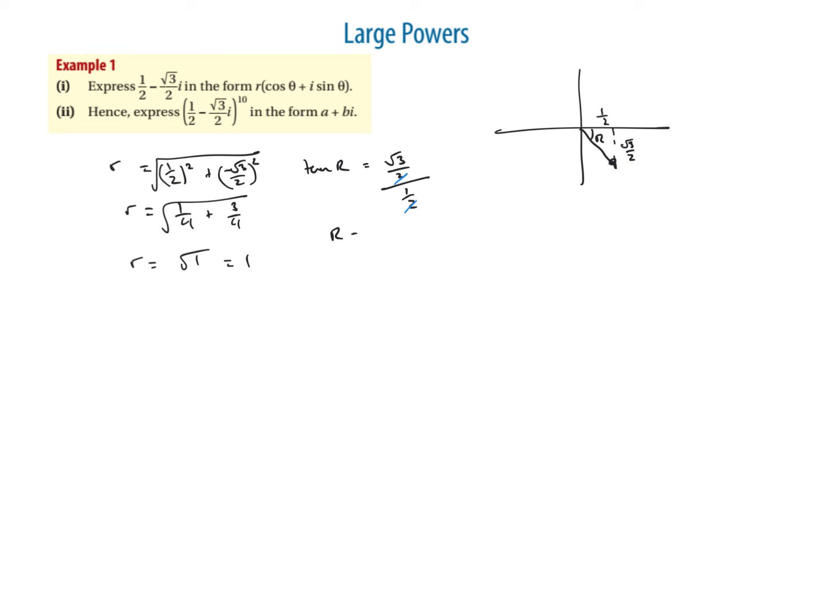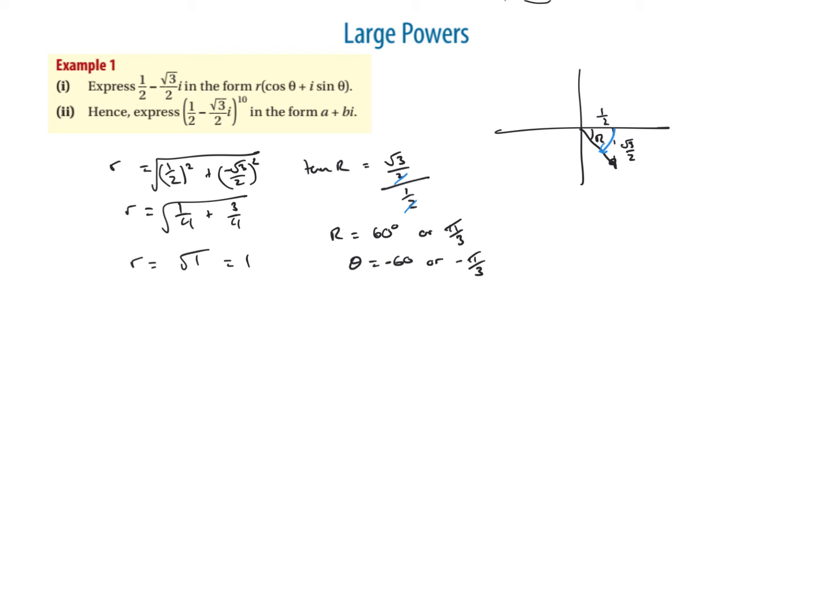That means my reference angle is going to be equal to 60 degrees, or pi over 3 radians if we're dealing in radians. Now, the reference angle, if we go in the negative direction, will be the same, just negative 60 here. So if we are using the plus and minus 180 method, which is absolutely fine, our theta will be minus 60, or minus pi over 3.